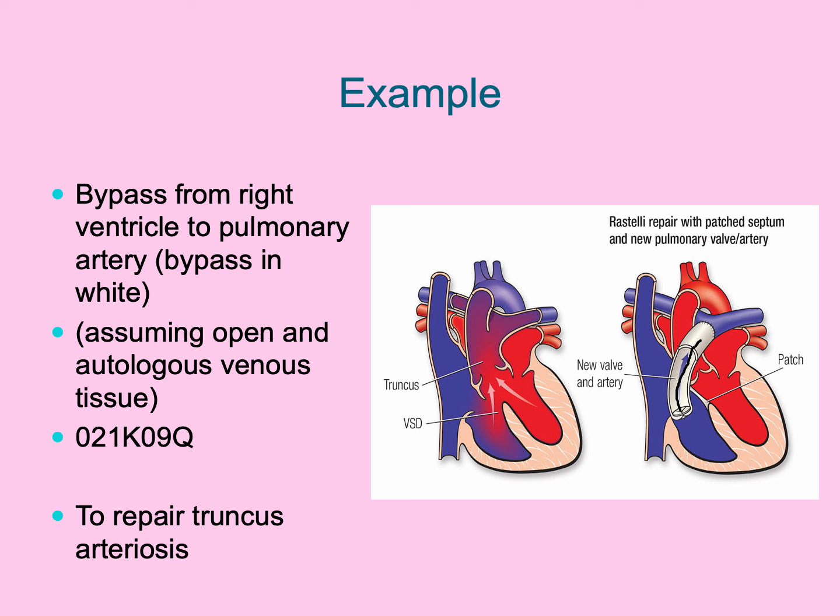So I only got one coming out of the heart instead of two. This is repair of that. If this is open, we're using autologous venous tissue, you got 021K09Q. So this is fairly straightforward, particularly considering how the first half of this table was.